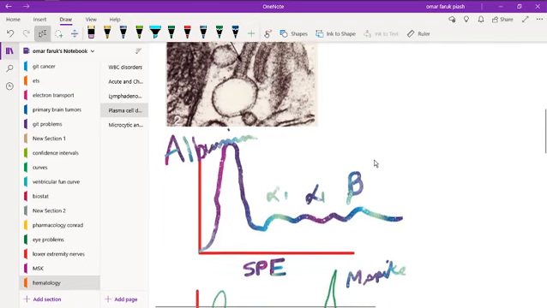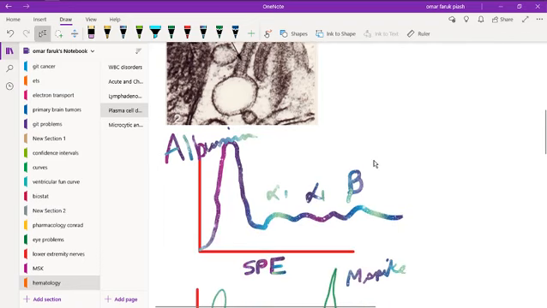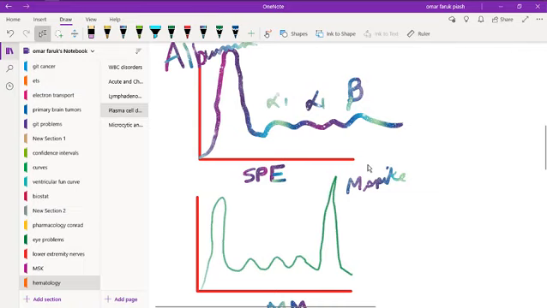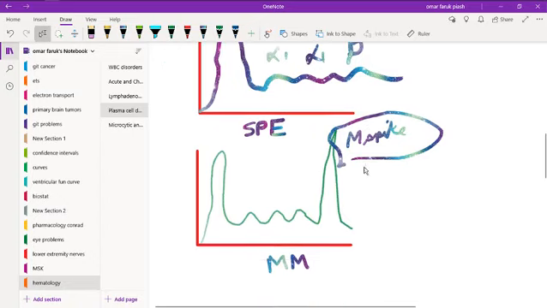This is the normal serum protein electrophoresis picture, and this is the M spike. This M spike is present in where? Can you say? This is present in multiple myeloma, and there is increased risk of infection because there is lack of antigenic diversity.